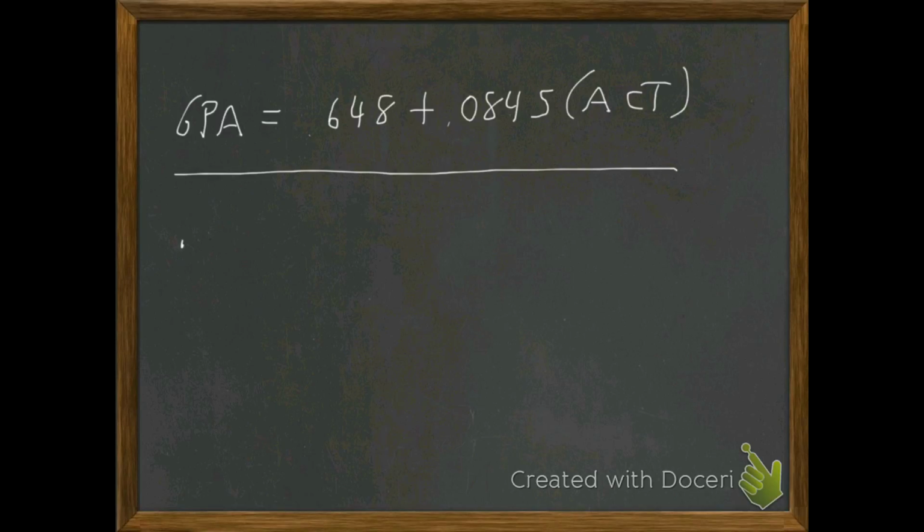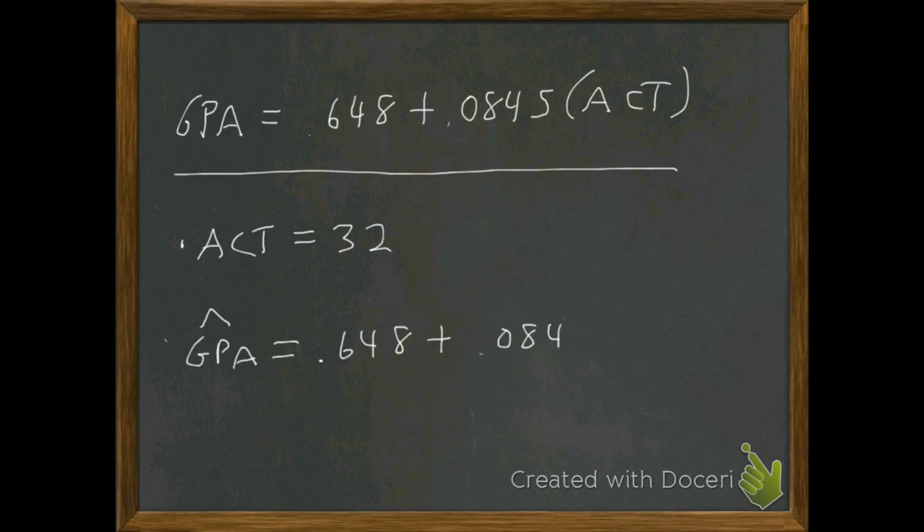So guys, again, focusing on an ACT of 32, we know that the estimated GPA for a 32 is equal to 3.35.